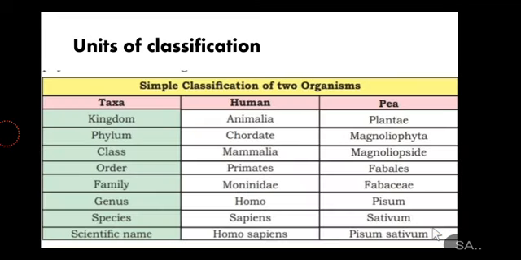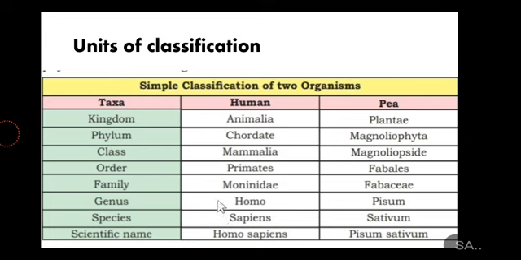Now this taxonomic hierarchy is assisting us to classify the organisms. Here I have added the simple classification of 2 organisms by following the units of classification. First is human, that is us, and the other is pea, which is of plant origin. I will start from species. The human species is sapiens.